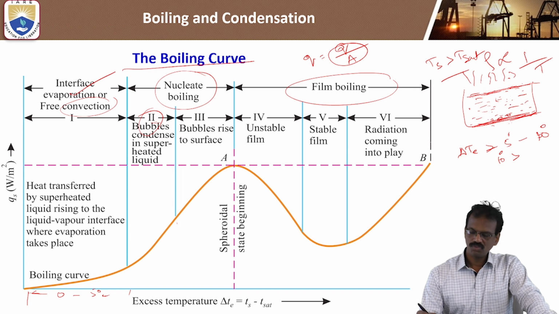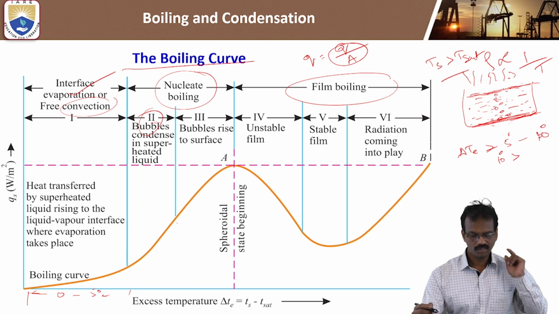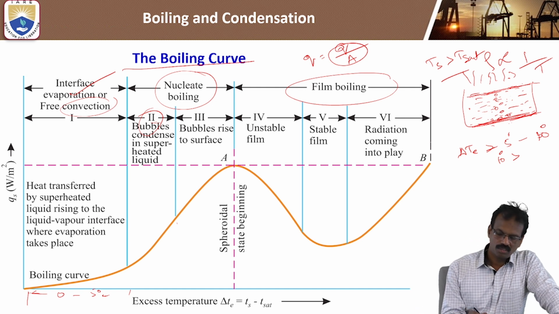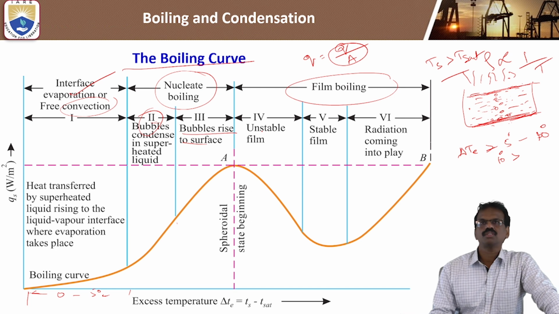So gradually rapid bubbles will be formed, and these bubbles will reach the top surface. Automatically those bubbles move into air, from high density to less density air. So you'll see that is phase 3, the bubbles rise to surface.